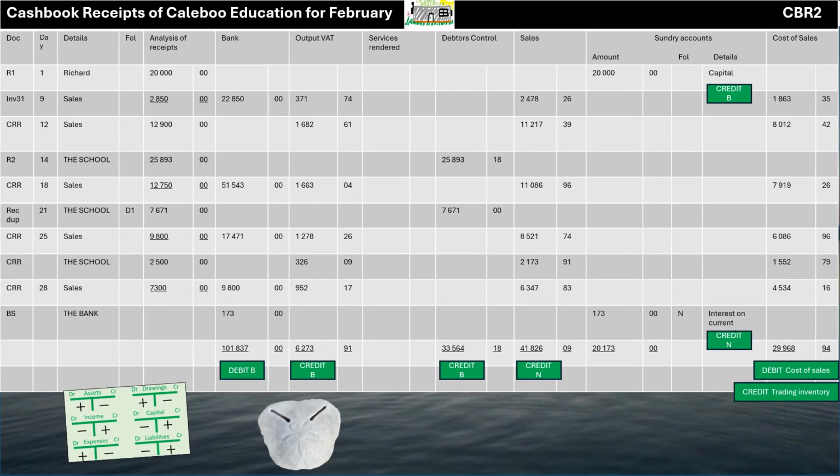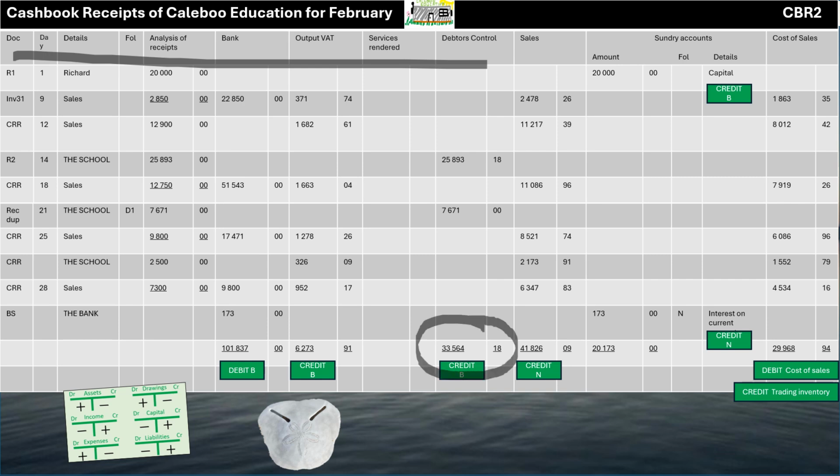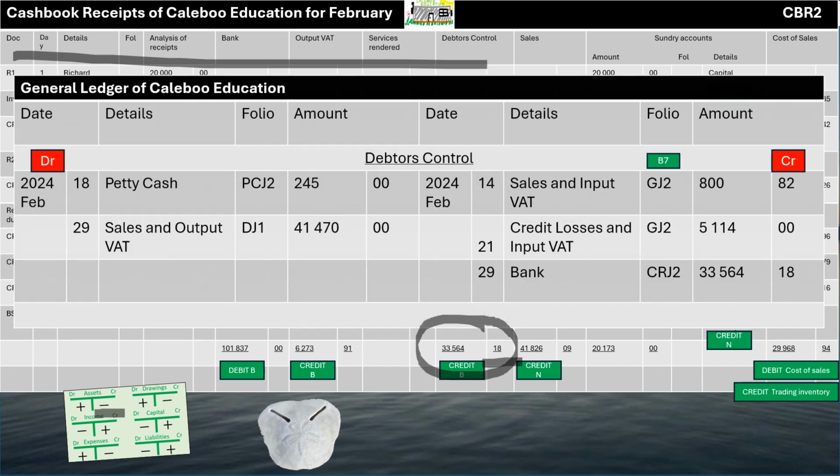Then during the month of February, what happened was the debtors paid us 33,564 and 18 cents. When debtors pay us, there's a decrease in assets. So what needs to happen to the control account?